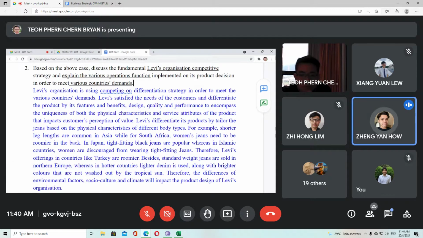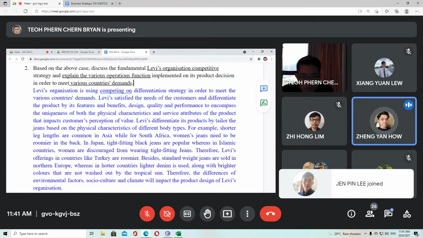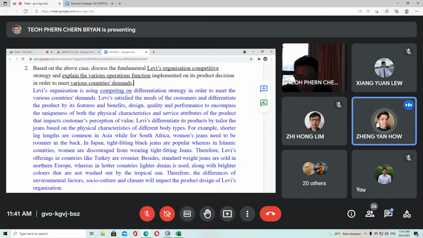Levi's satisfies the needs of the customers and differentiates the product by its features and benefits, design, quality and performance, to encompass the uniqueness of both the physical characteristics and service attributes of the product that impact customers' perception of value. Then Levi's differentiates its product by tailoring the jeans based on the physical characteristics of different body types.